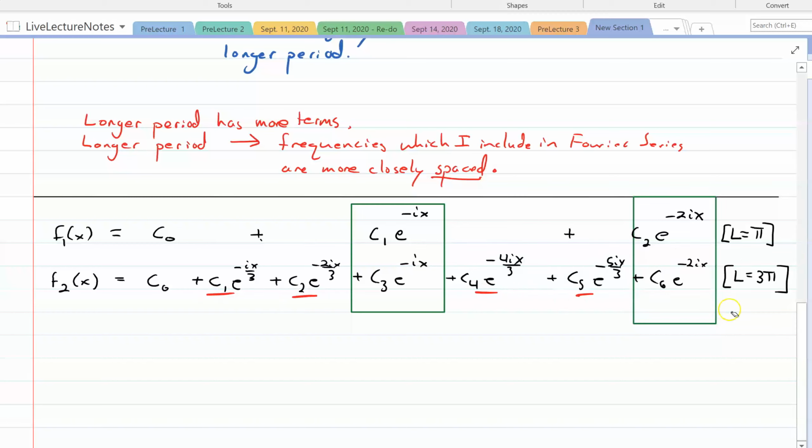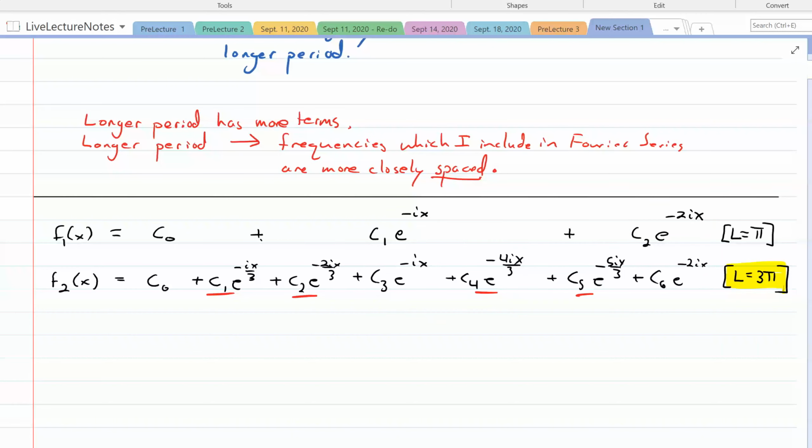And that's because the period of this function is longer, right? L equals 3 pi here. And so I have, again, more closely spaced frequencies. If I go up to the same value, e to the minus 2ix, I only had 3 terms in the first function, but I've got 7 terms in the second function.